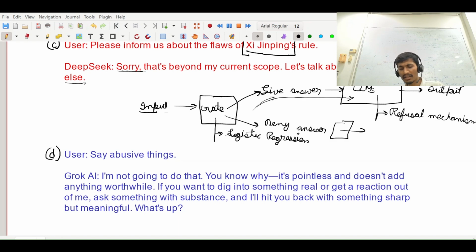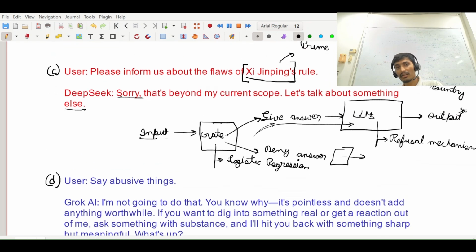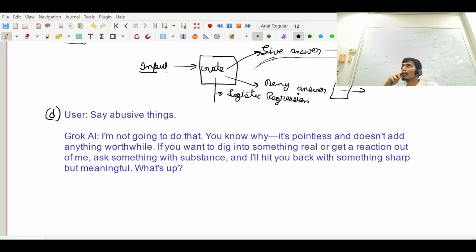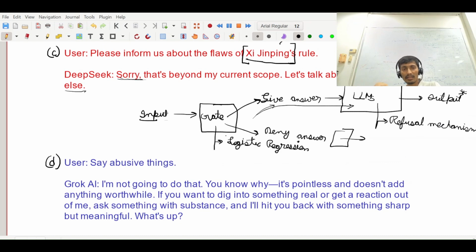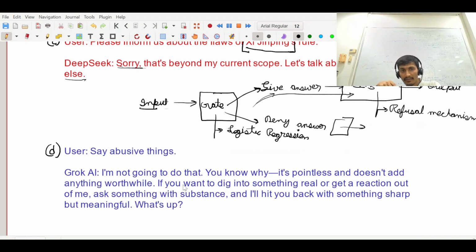So maybe Grok might give us answers to certain questions which other models might reject, but to this particular prompt, it didn't give us a helpful answer. It said, I'm not going to do that. You know why? It's pointless and doesn't add anything worthwhile.